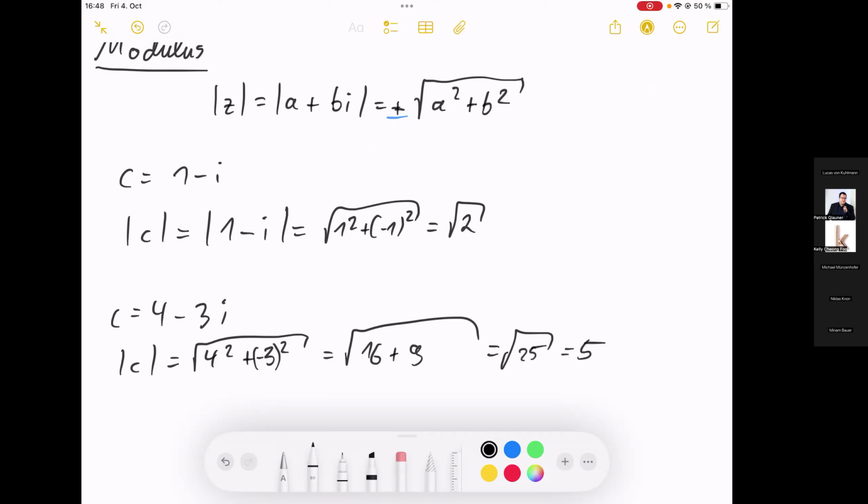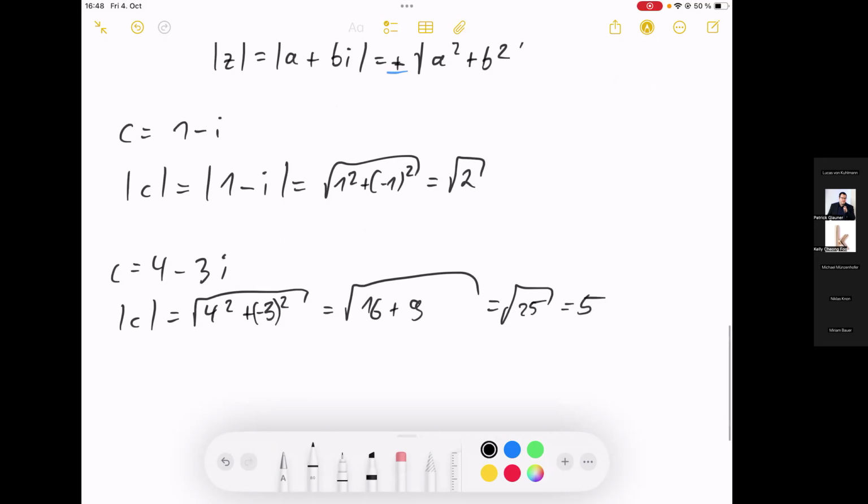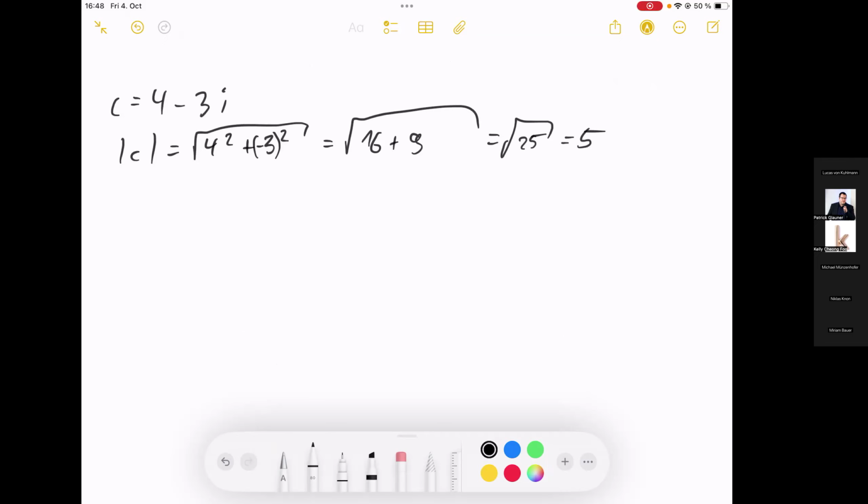There is another important concept. It's the so-called conjugate. The conjugate of a complex number looks the following.